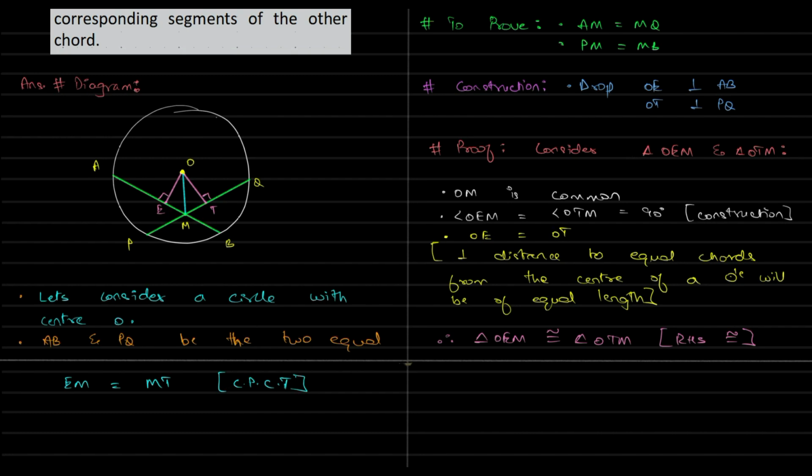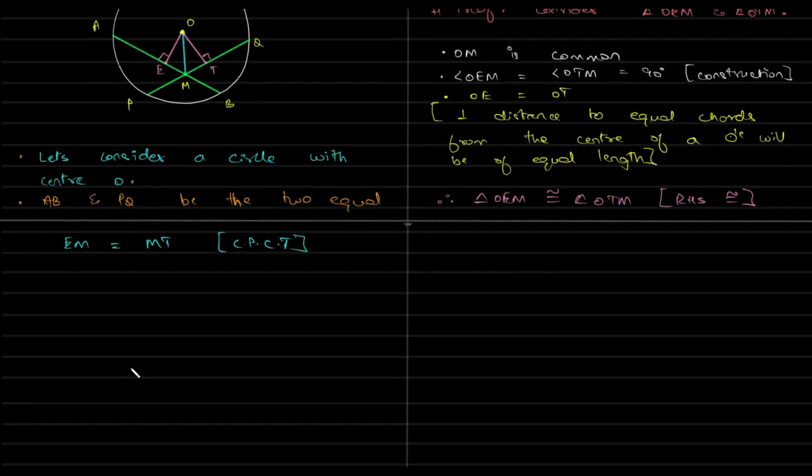What next? We have to prove that AM is equal to MQ and PM is equal to MB. How will we prove now AM is equal to MQ? Think about it. Well, we can do it this way. So first, let's begin with the fact that AB is equal to PQ. This is given.